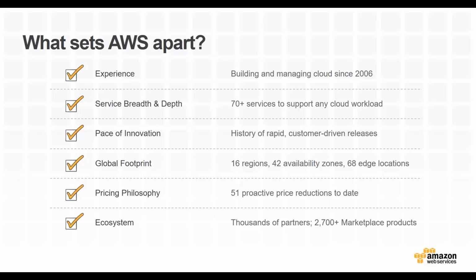When it comes to our pricing philosophy, our massive scale provides huge economies of scale, which lowers our costs considerably. Since 2006, we have reduced our prices more than 50 times. Let me talk about our ecosystem. When it comes to cloud ecosystem, AWS has the largest ecosystem by far, and it continues to grow at a rapid pace.